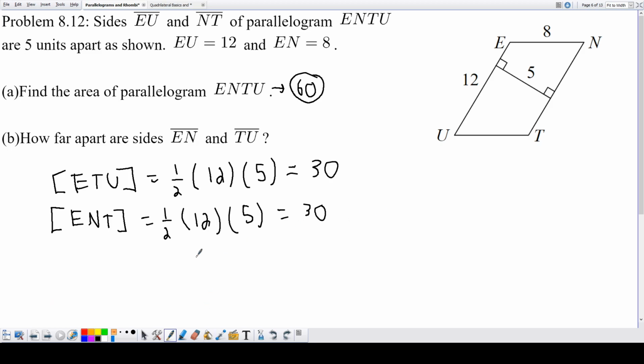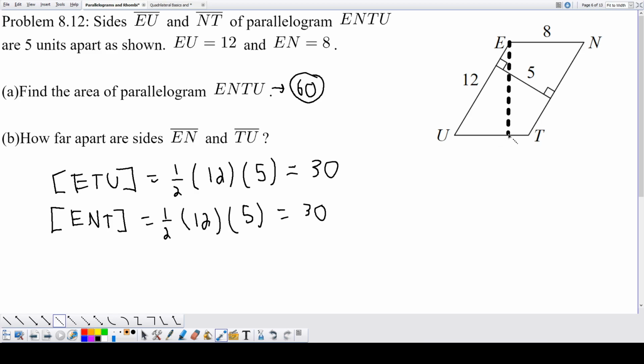So, with all that said, let's find the distance from the sides EN and TU. So, that distance would be from here to here, EN to TU, making a 90-degree angle, because it's the altitude.